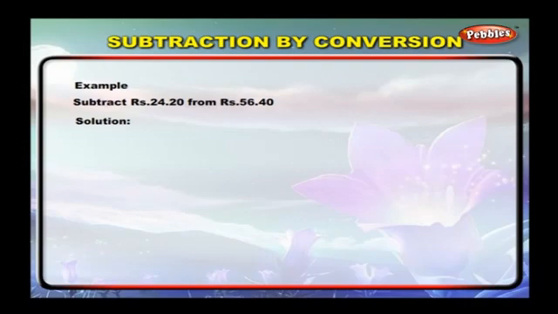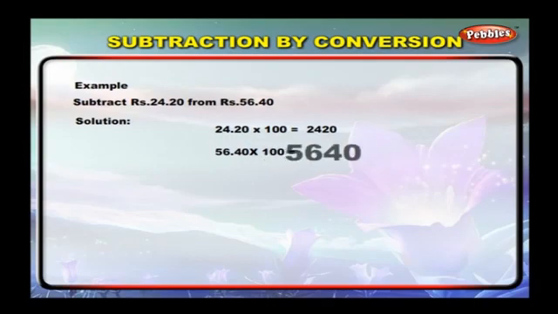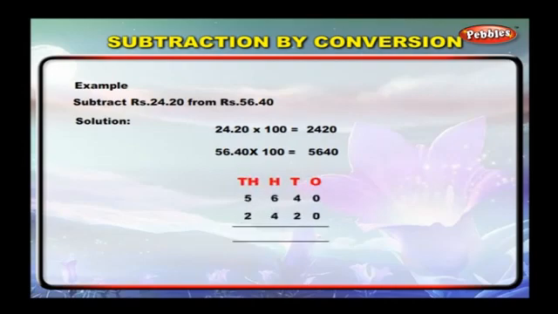To convert, we multiply by 100. 24.20 into 100 is equal to 2420, and 56.40 into 100 is equal to 5640. Step 2. Arrange them in columns.